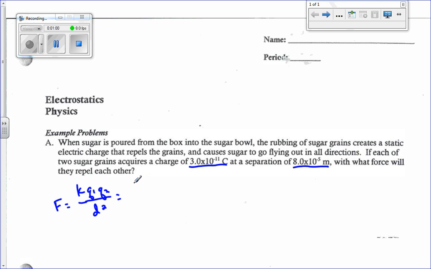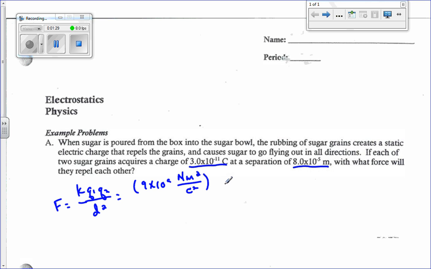The variable K is 9 times 10 to the 9 Newton meters squared over Coulomb squared. And I called it a variable, but it's actually a constant. It's the proportionality constant, and it was in your notes yesterday.